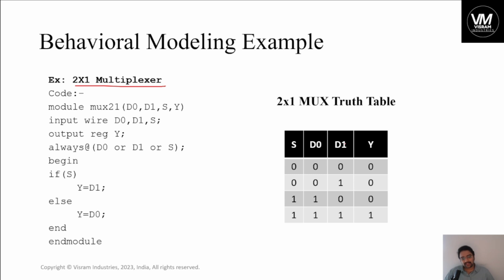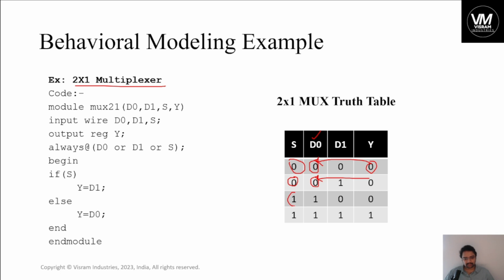Once you understand the truth table, when selection s is equal to 0, y will follow d0. Output will be input. I mean, when s is 0, d0 is selected. When s is 1, d1 is selected.